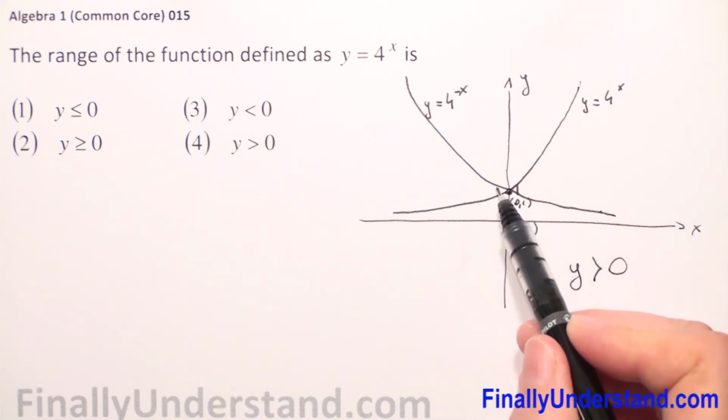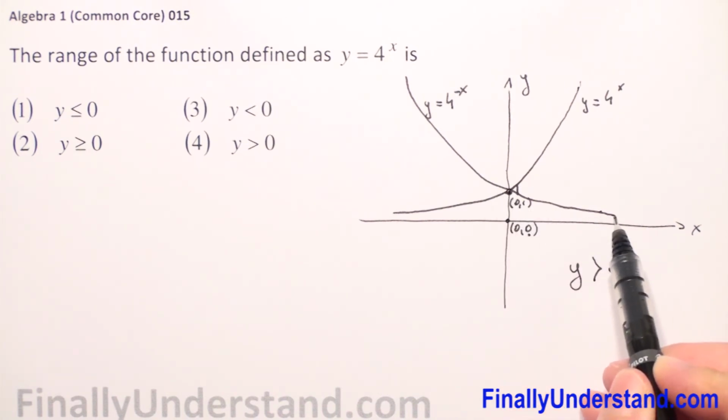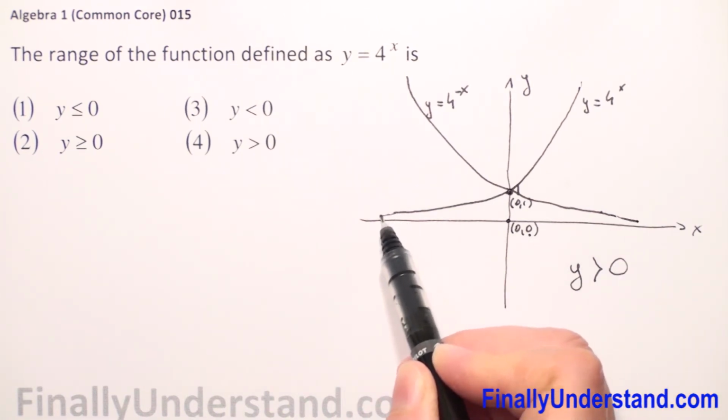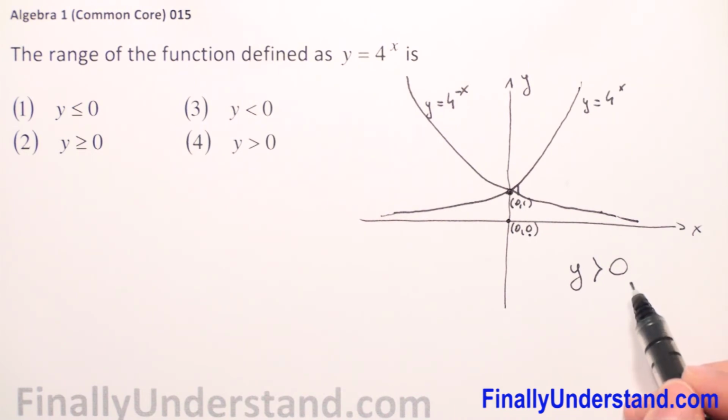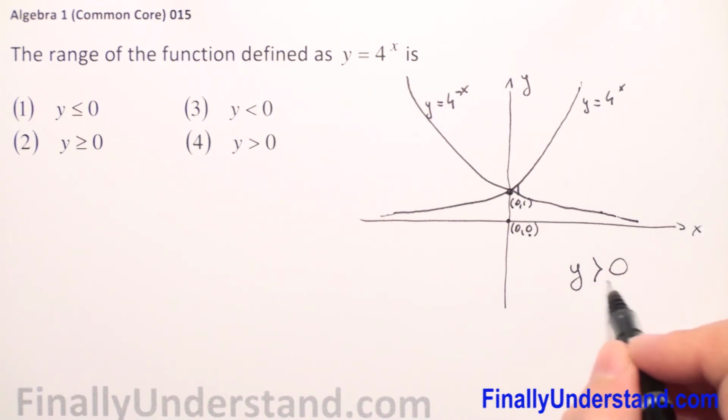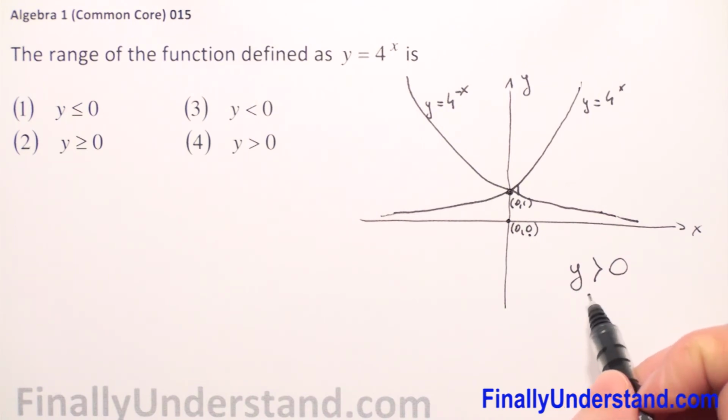The graphs never pass the x-axis. They are very close, these values, on the right or on the left side, but they never pass. So the values of our function are always greater than 0.